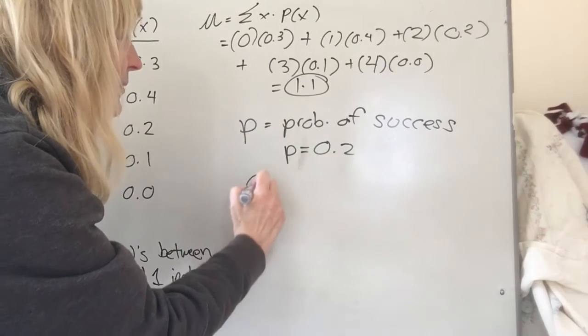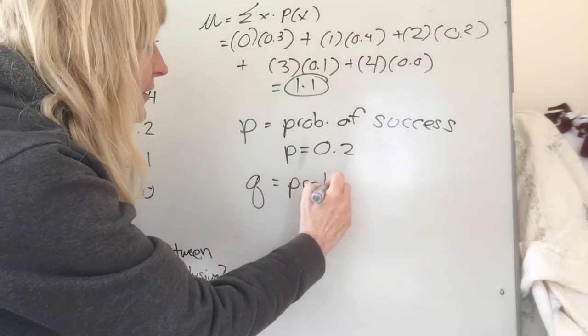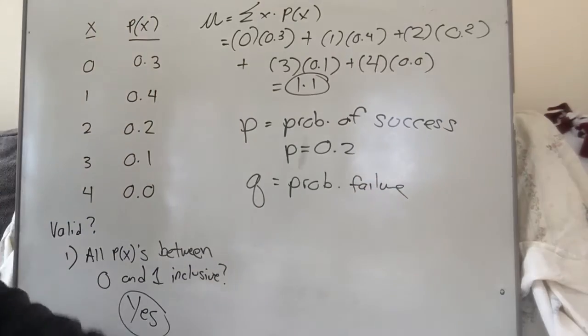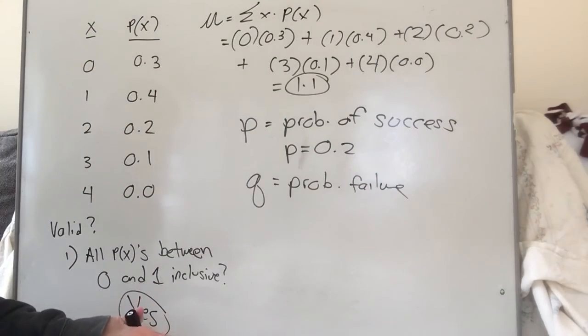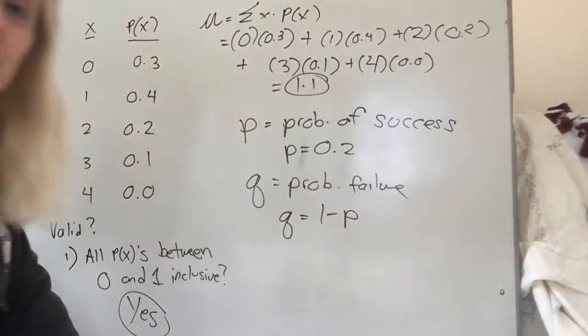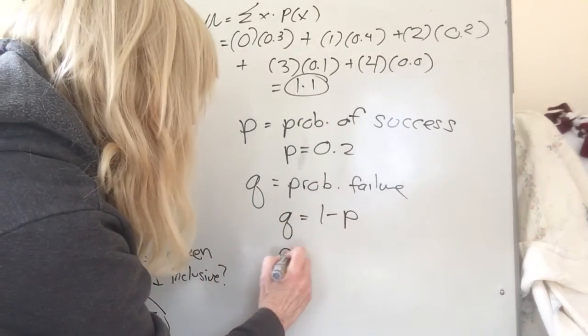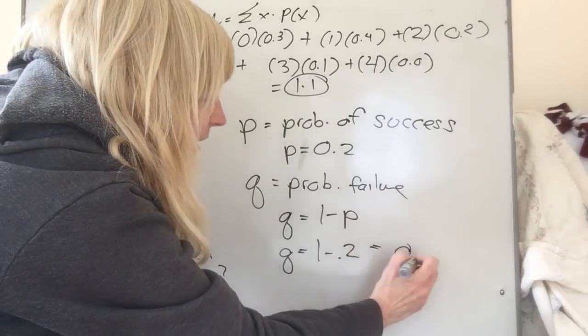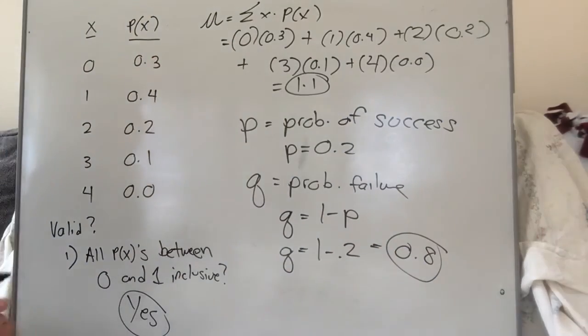Q is the probability of failure. So if you have a 20% chance of doing good, what's your probability of doing bad? Isn't it 80%? So Q is basically just 1 minus P. For the quiz, you would just have to do Q equals 1 minus whatever the P value is I give you, and that would be your Q.